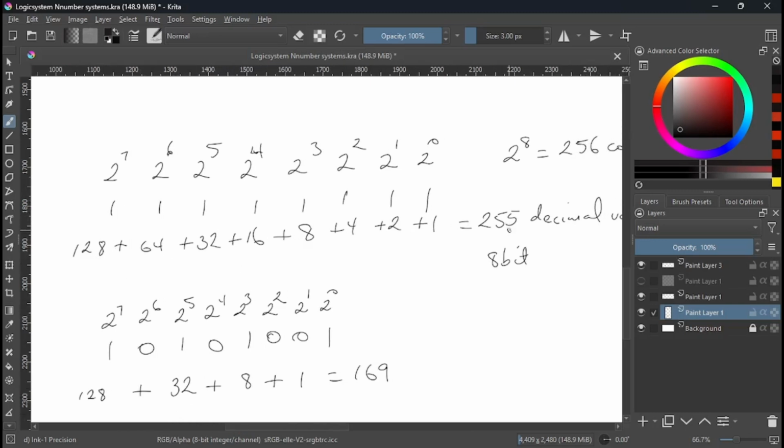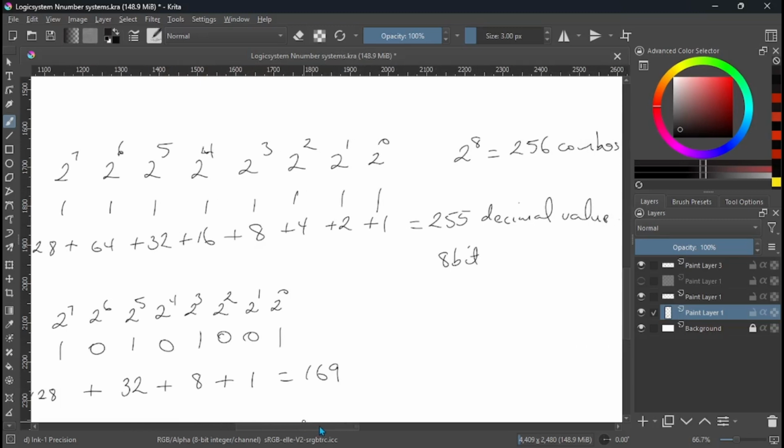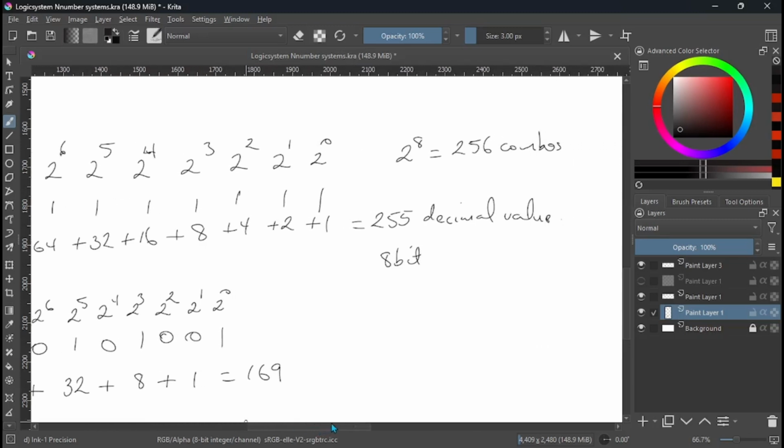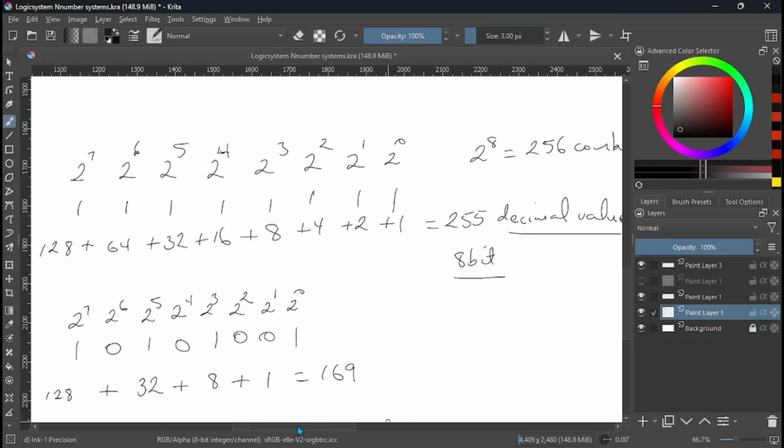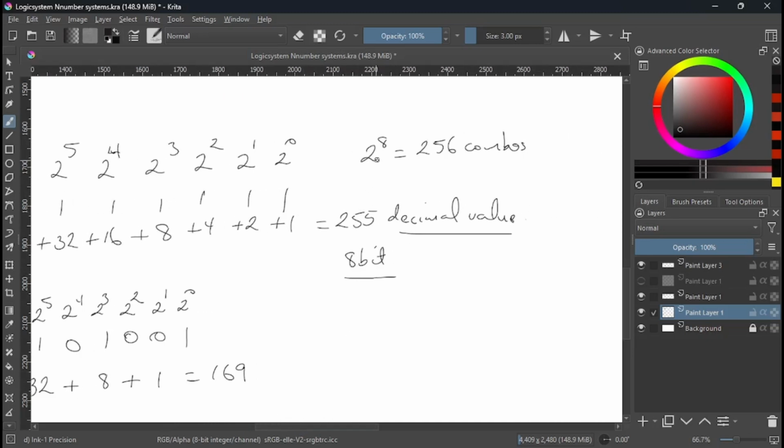When we add them up, we get 255 as the decimal value. This is 8-bit because we have 8 switches, and 2 to the 8 gives us 256 combinations. So the number of combinations will always be one more than the decimal value when all the switches are on. That's a good note to take.